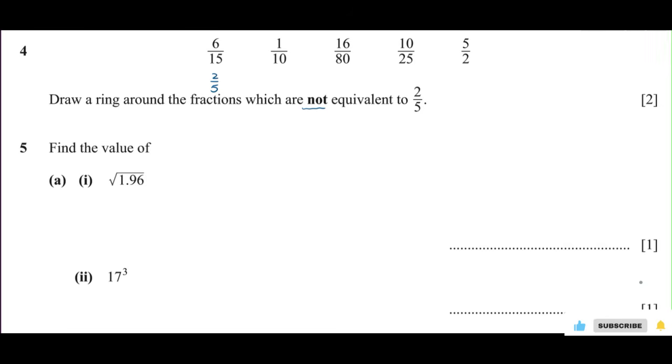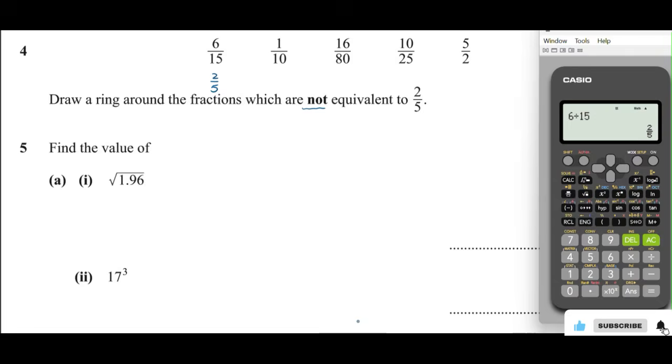1 by 10 is not equivalent to 2 by 5. Yes, obviously. Then the next is 1 by 10. This is not equivalent. What is 16 over 80? This is 1 by 5.